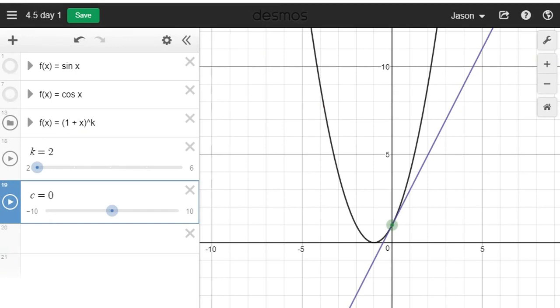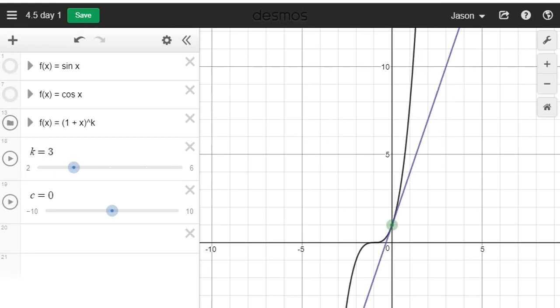But if we take a look at 1 plus x to the k power, let's say k is 2. If we have a quadratic, notice that the slope of this line, this 1 plus kx, we have a slope of 2.